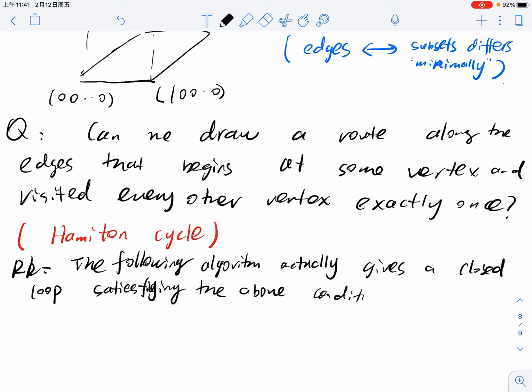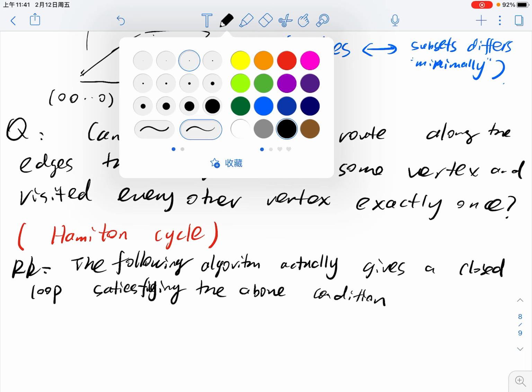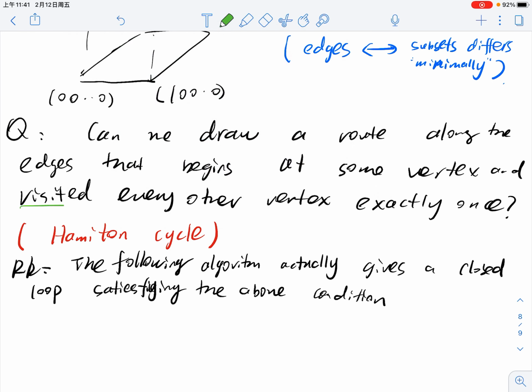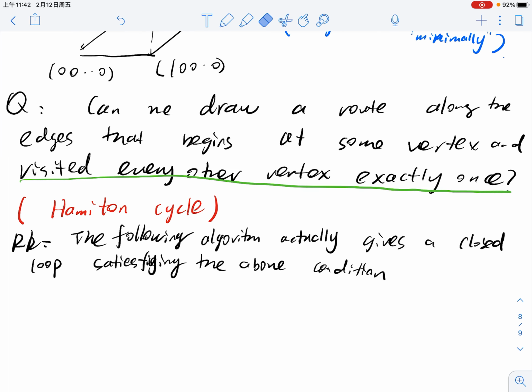That means it visits every vertex exactly once.